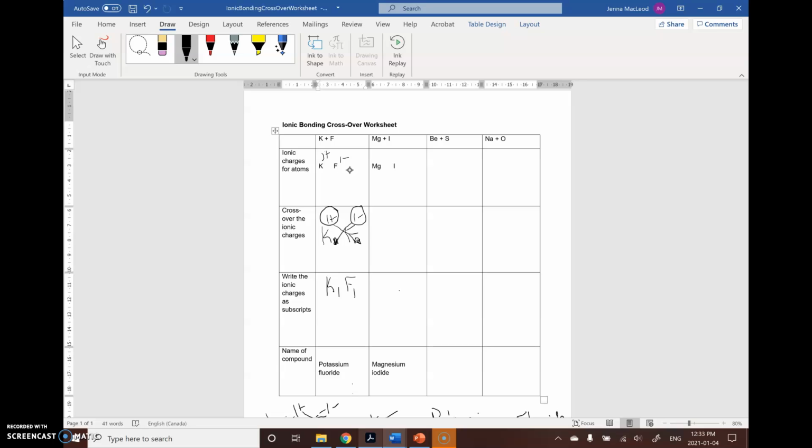But we don't need to write the 1, so all you need to write is K and F. Then you write the name of the elements, potassium and fluorine, and change the ending to IDE: potassium fluoride.